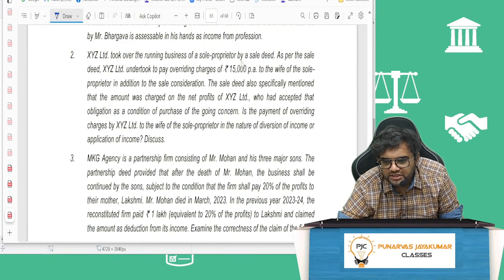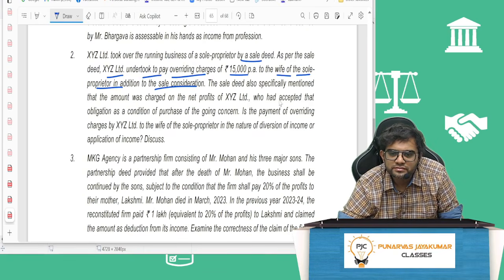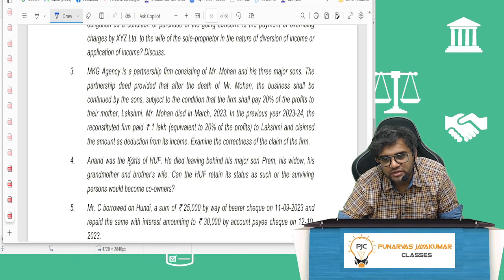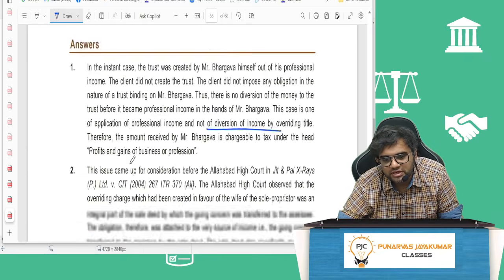Next, sole proprietor, by a sale deed. As per the sale deed, XYZ undertook to pay an overriding charge of 15,000 per annum to the wife of the sole proprietor in addition to the sale consideration. So they say you have to pay 15,000 per annum to the wife, only then the deal will go through. It will be considered a going concern only if you pay 15,000 to the wife. It was mentioned like that in the agreement.